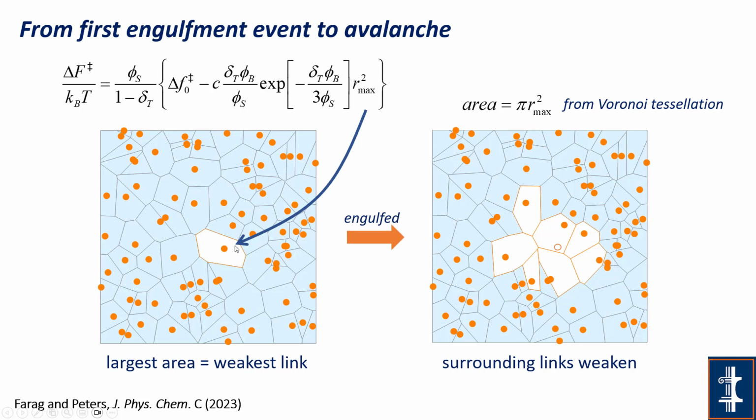When that one gets engulfed, it now is buried in ice, and all of the antifreeze proteins that were its neighbors now inherit some of the load of holding back ice growth. So now these become the most susceptible points to engulfment. That subtle increase in their Rmax values dramatically increases their rate through this exponential of the free energy. And that suggests that our first engulfment event might trigger an avalanche of subsequent engulfment events.